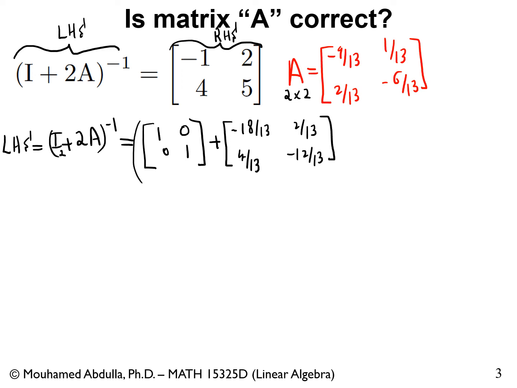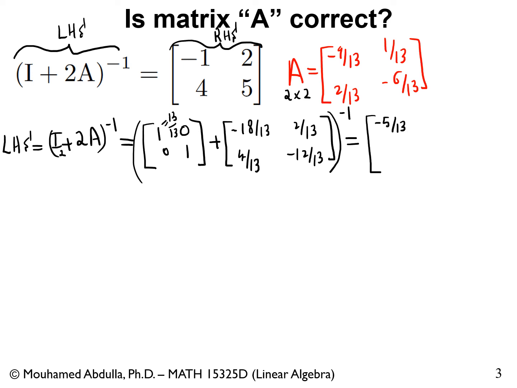We then find the inverse of the entire thing. First, I could get the result of this addition, identity plus the matrix that we got. 1 is the same thing as 13 over 13, right? So we do 13 minus 18, which becomes minus 5 over 13 for the first entry.